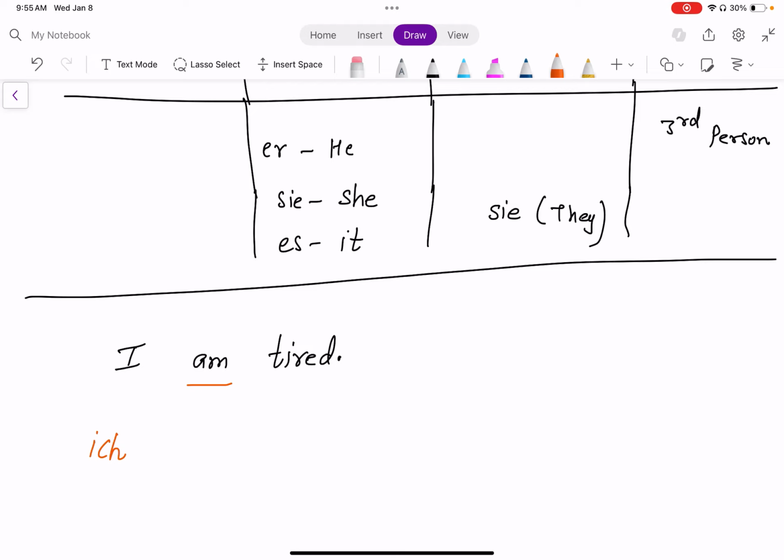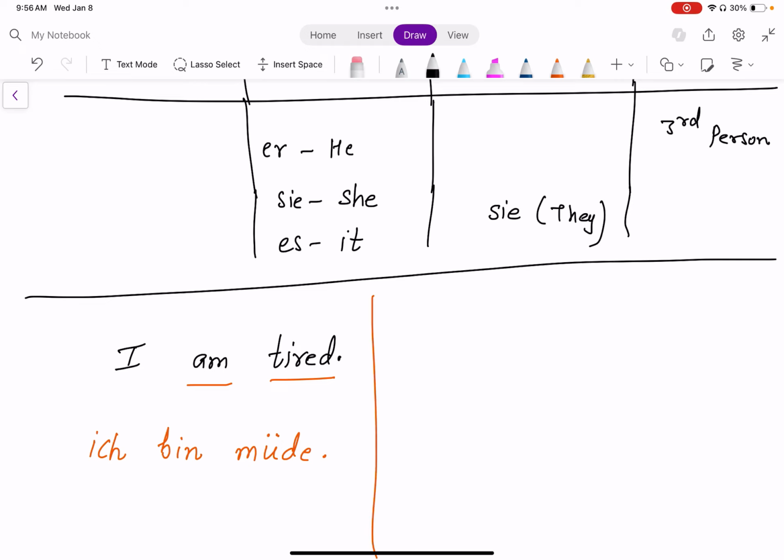We will discuss which verb it is, but let's understand this is bin. Ich bin. And tired is your object, so it's müde. Ich bin müde.